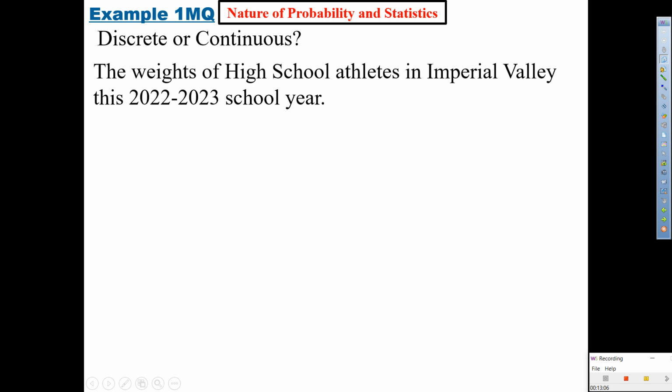It reads, the weights of high school athletes in Imperial Valley this past 22-23 school year. Talk it over with your neighbor. Is it discrete or continuous?